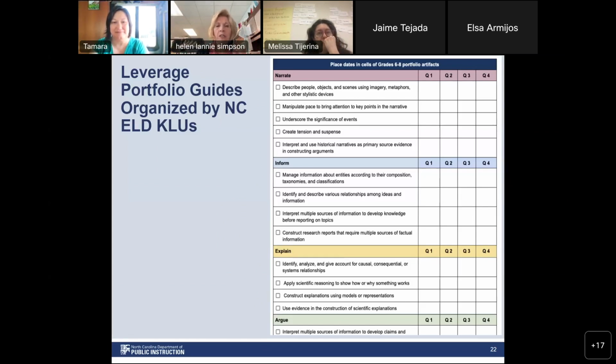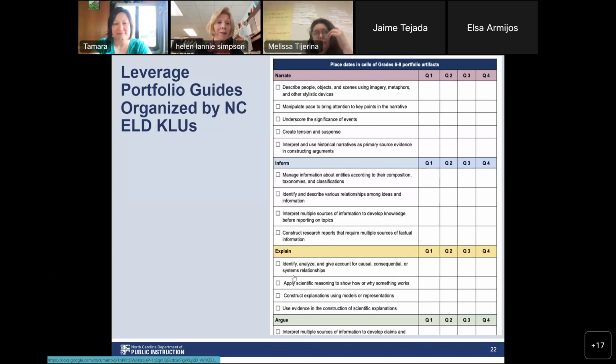And if you'll notice the verbiage on the leftmost column here, these we pulled directly from the WIDA resource guide. These are snapshots of typical instructional tasks or activities that students do within a grade band, and they're organized by the 4 key language uses.